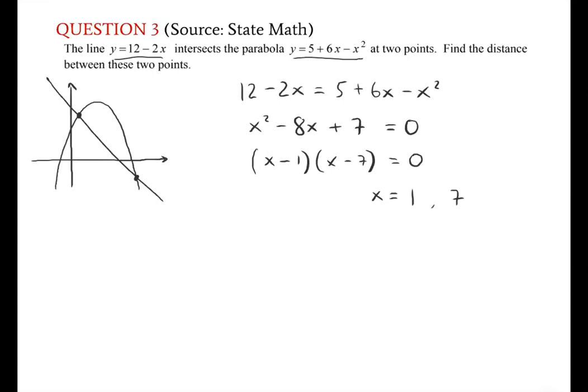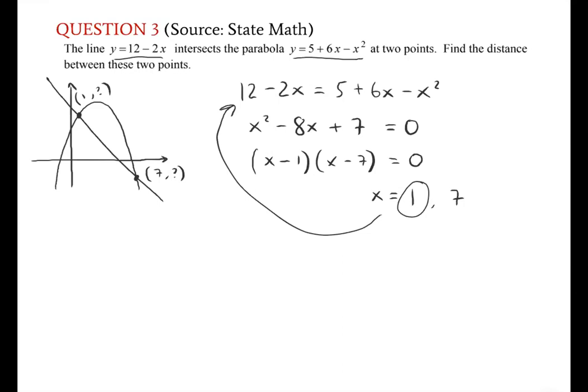So that means that the x coordinate for this point is 1, and the x coordinate for the other point of intersection is 7. And now we have to find the y coordinates. To do that, you just plug one of the x's back into one of these equations, and we can just do that real quick.